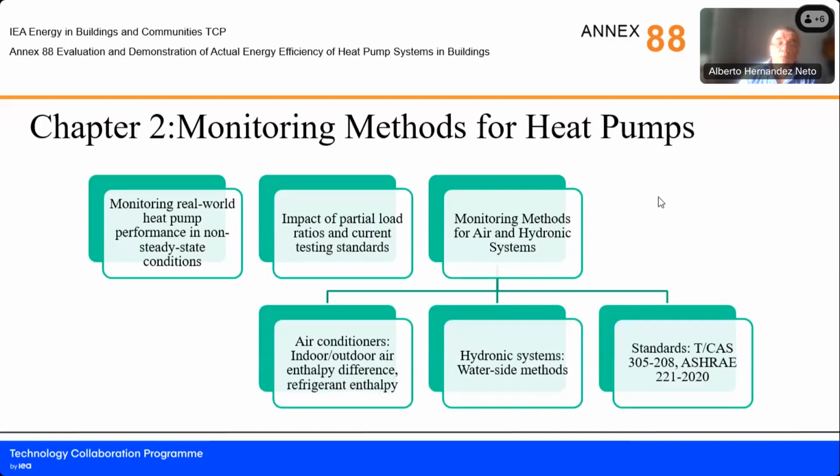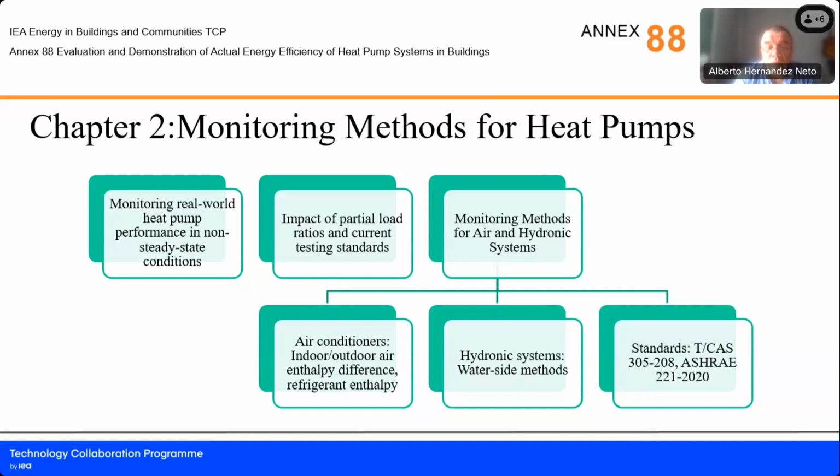Then in chapter 2, monitoring methods for heat pumps. The idea here is to understand first the impact of partial load ratios and the current testing standards for that, and also monitoring methods for air and hydronic systems. We look at these 2 types of systems, understand how we can monitor them to evaluate their performance, and also how we can predict that.